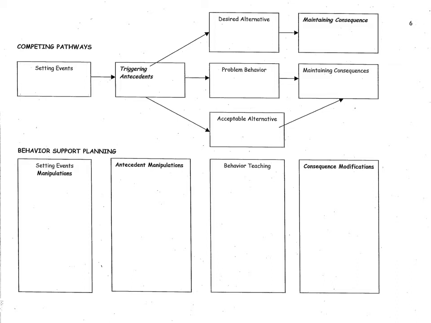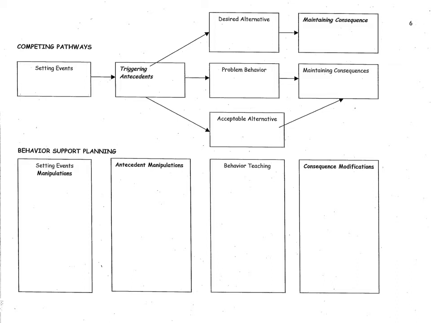That's what we want to see, and that's the desired behavior. And the maintaining consequence, maybe teacher provides some social praise, or student will have free time after, and then other possible consequence may be having additional work. So that's the maintaining consequence of the desired behavior.